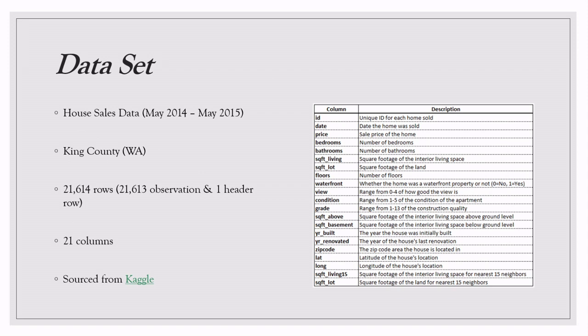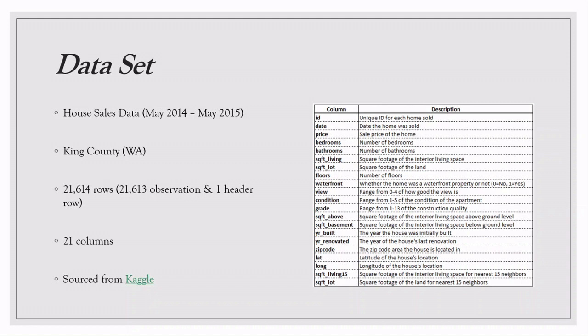So the data we analyzed was housing sales data for King County, Washington, which is the county that Seattle resides in. We sourced this data from Kaggle, which is a website focusing on data science learning and houses a vast library of data sets across numerous industries.